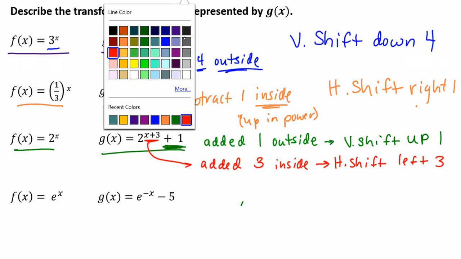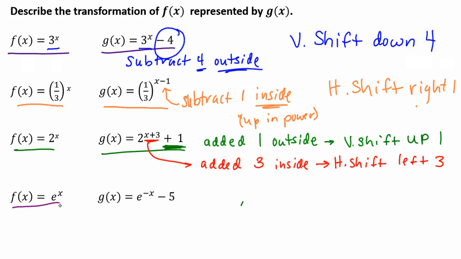Okay, next one. Here's my original. Doesn't matter that the base is e. I don't know if you guys remember that. That's the special natural exponential function. Doesn't matter. All I'm looking at is this side was e to the x. This side is now e to a negative x. And I've added 5 on there. So there's 2 changes that have been made.